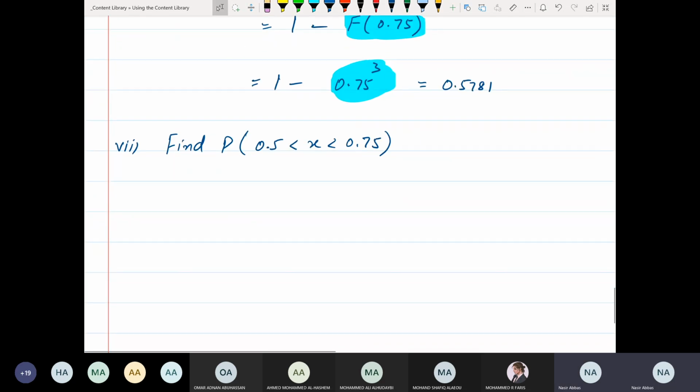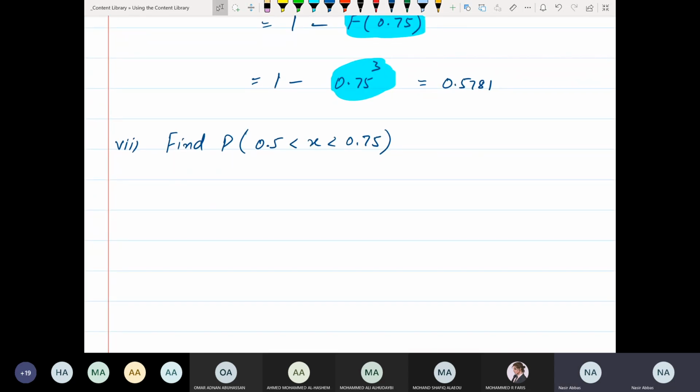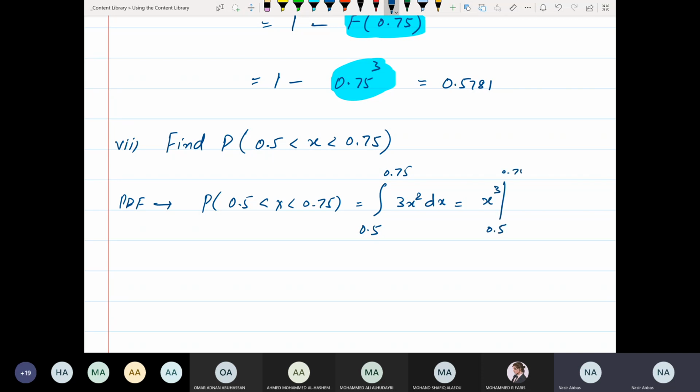Again, I can make use of the probability density function, PDF. This probability will be simply the integration from 0.5 all the way up to 0.75 of 3x squared. And that will be x cubed from 0.5 all the way up to 0.75.